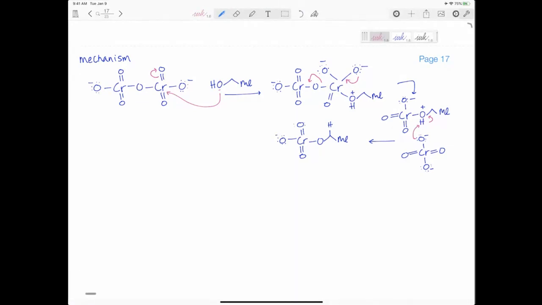This carbonyl here is going to grab this proton, and as a result, when a proton is being taken away, you would naturally form a double bond somewhere. Where's this double bond going to be formed?